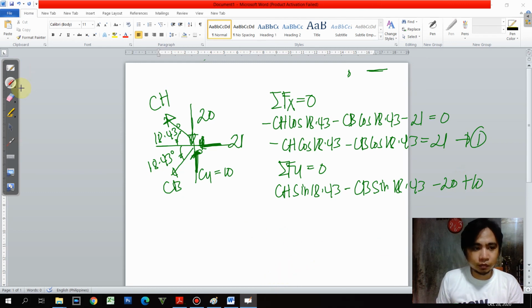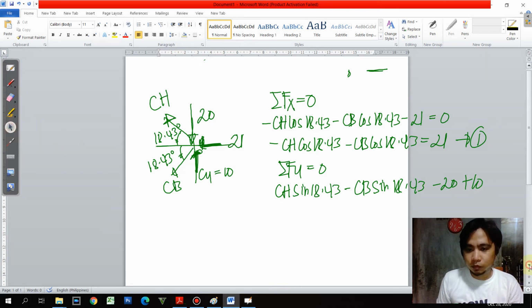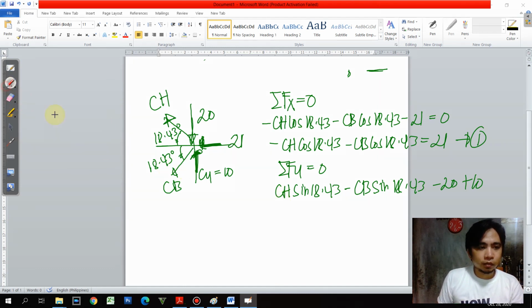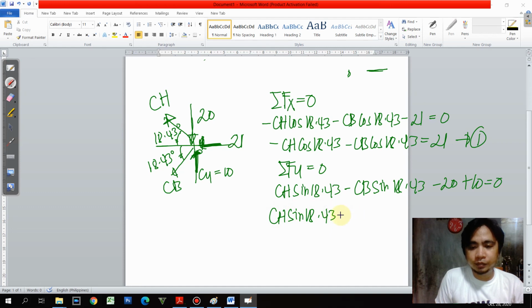So we can actually continue, simplifying this one and then transposing to the other side of the equation. You just have to copy that one, CH sine 18.43 minus CB sine 18.43. So this is positive 10. Say this is equation 2.